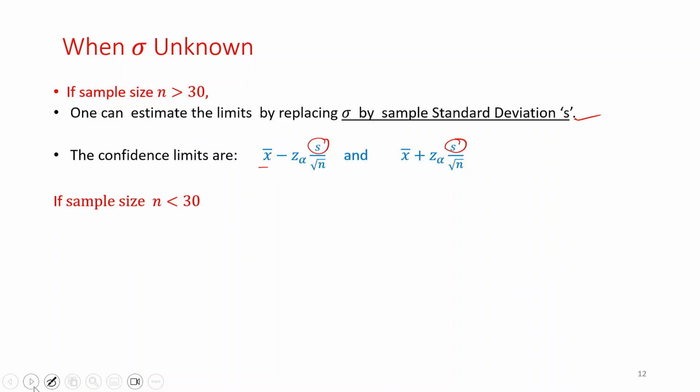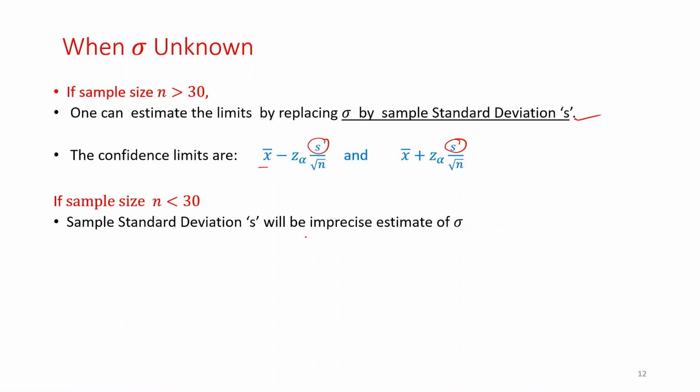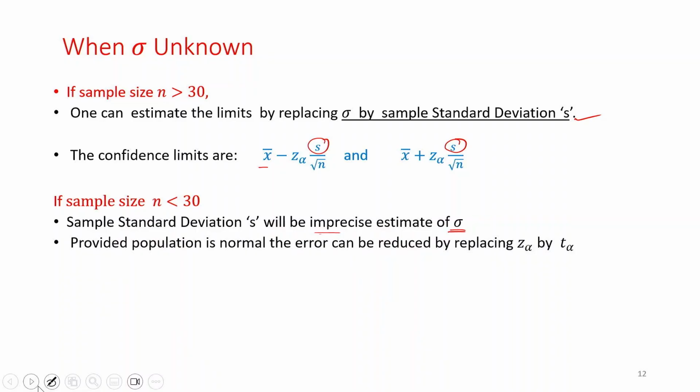And the other case is where n is less than 30. Many a time, obviously, we may not be able to test 30 samples. So when n is less than 30, the sample standard deviation will be an imprecise estimate of sigma. Provided the population is normal, the error can be reduced by replacing z alpha by t alpha.